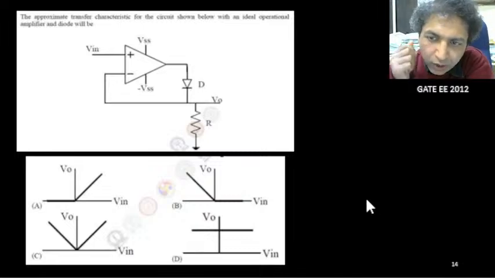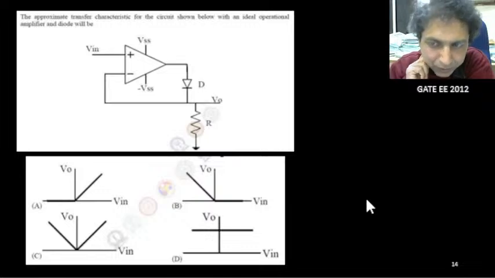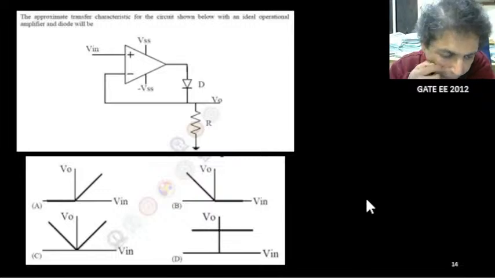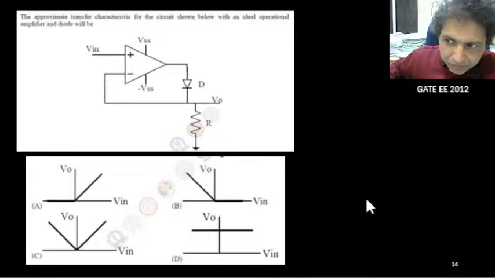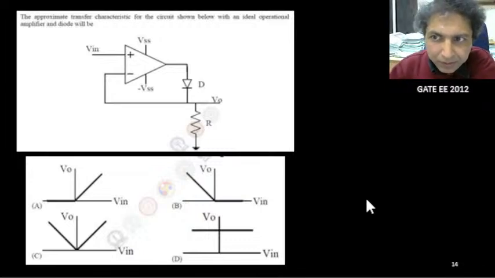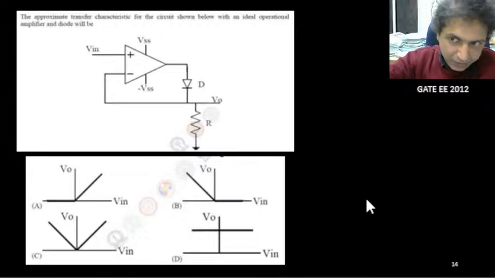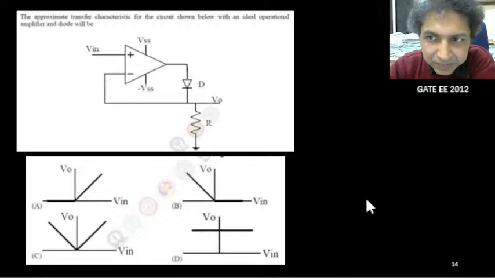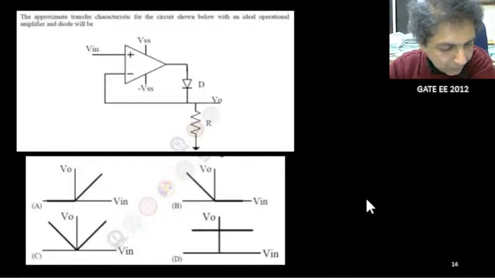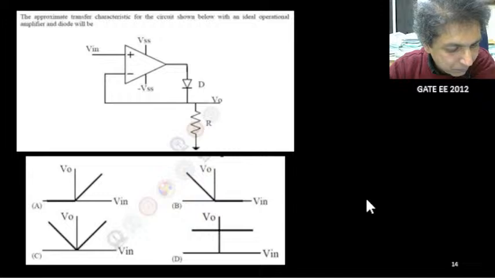The 4 choices are given, A, B, C, D, the relation between input and output voltage. Anyone can solve? It's okay because I hope you will get the video later on.